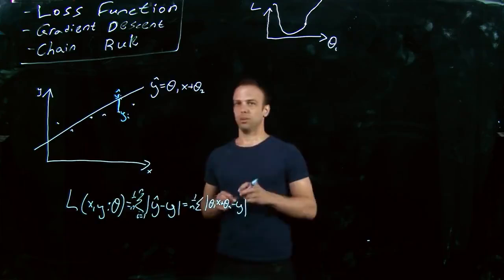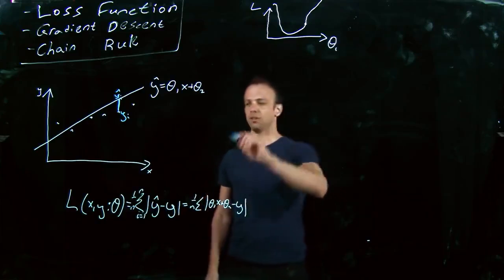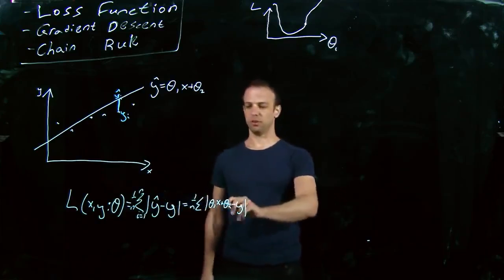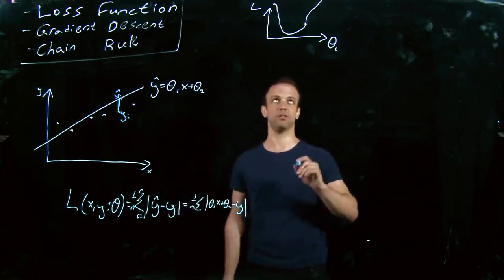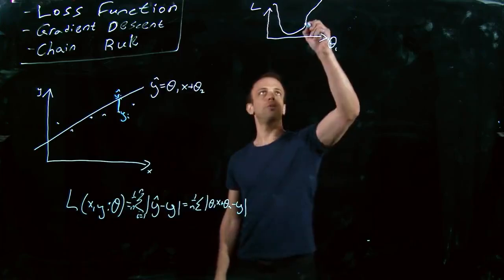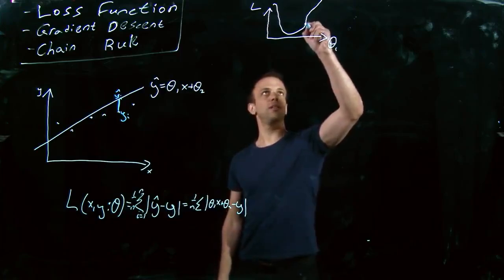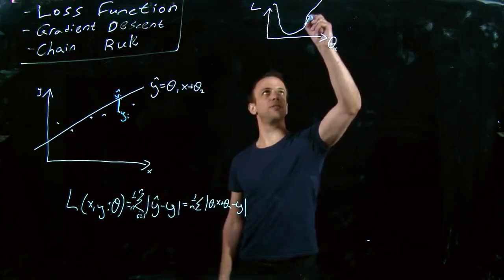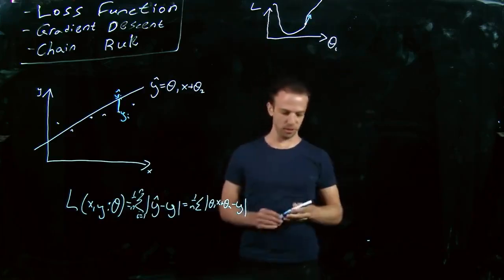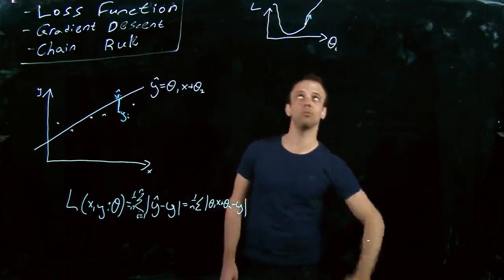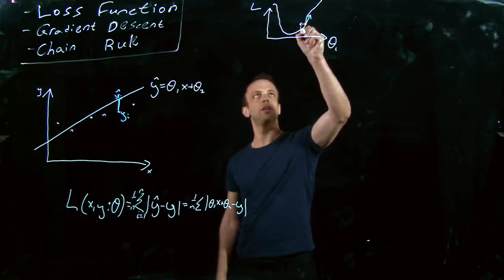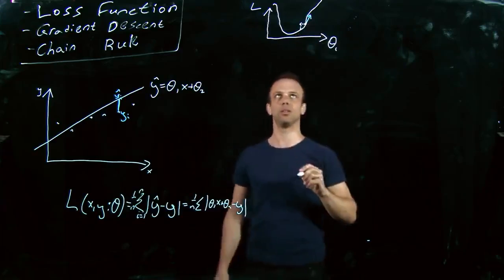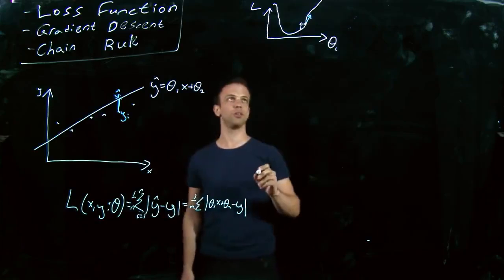The gradient descent is actually a very simple concept. What we will do is take the loss function that we get from our current set of data points. We will compute the gradient. The gradient is just the derivative of the function at this point, and we want to move against the direction of the gradient. So if it's here, we want to move a bit here, and we'll get to this point.